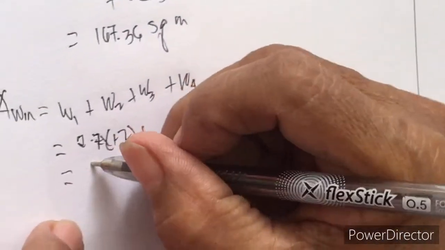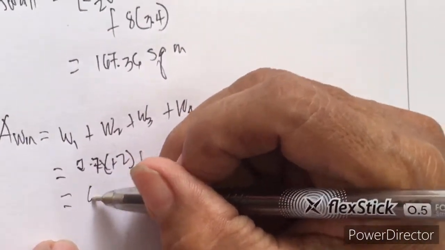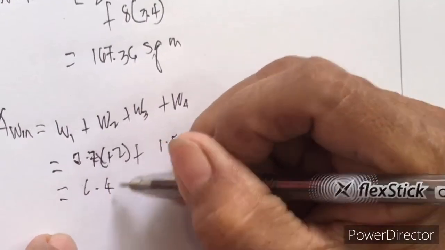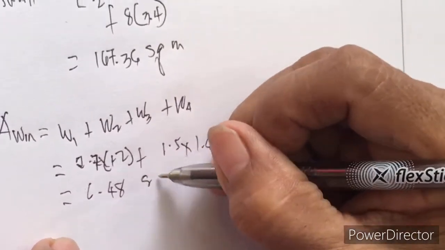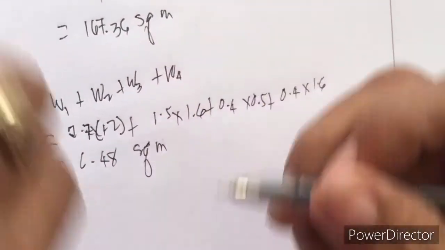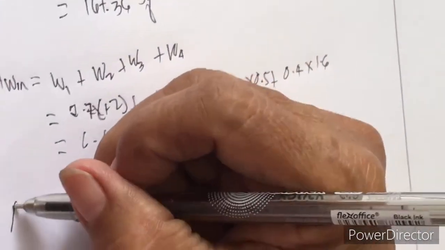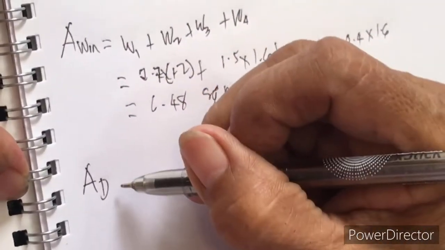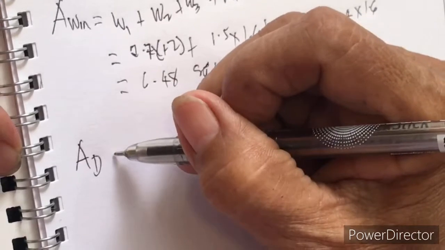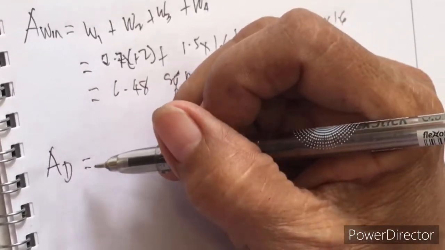So therefore we get the answer, 6.48 square meter.